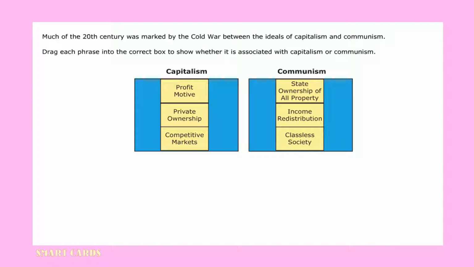Stay tuned for another Smart Cards video tutorial which will provide instruction on the difference between the two. As it stands right now, the United States is a capitalistic society. Our society is driven by profit motives, private ownership, and competitive markets. The other 3 characteristics, state ownership of all property, income redistribution, and classless society, thus are communistic societies.